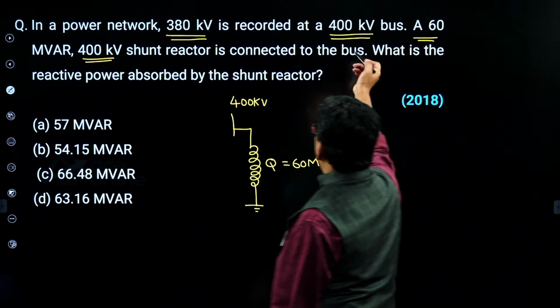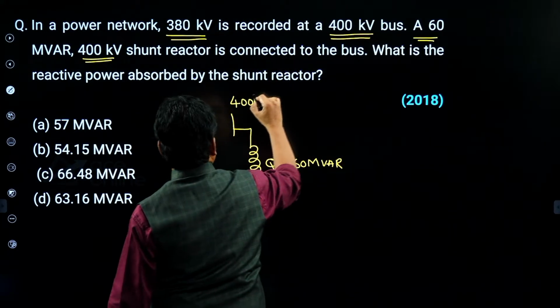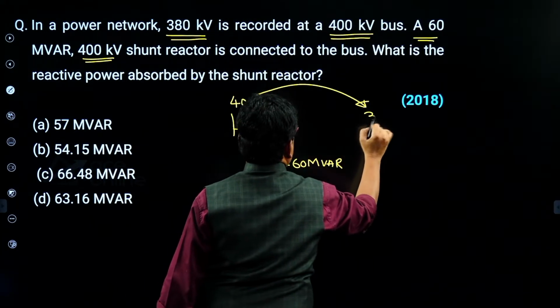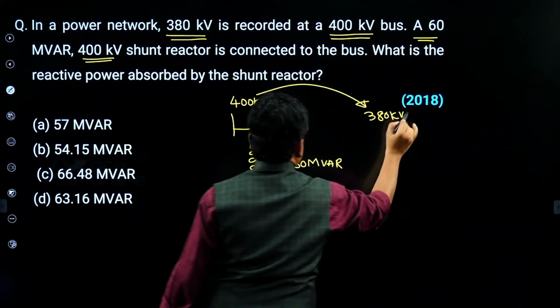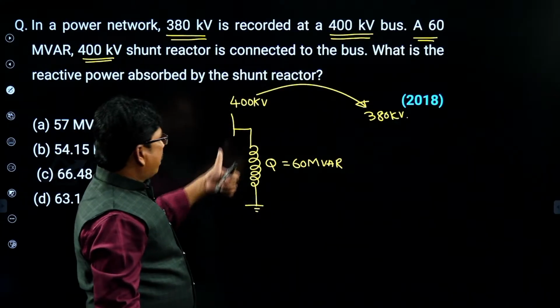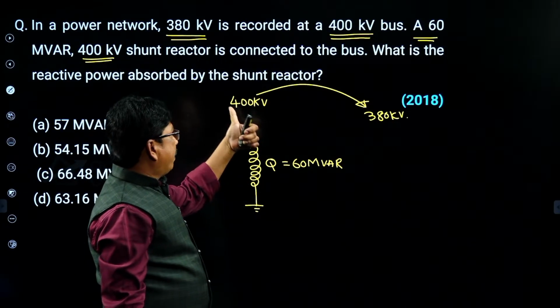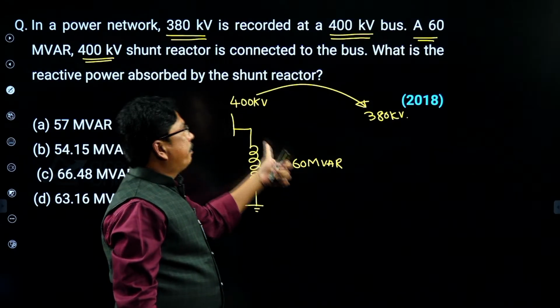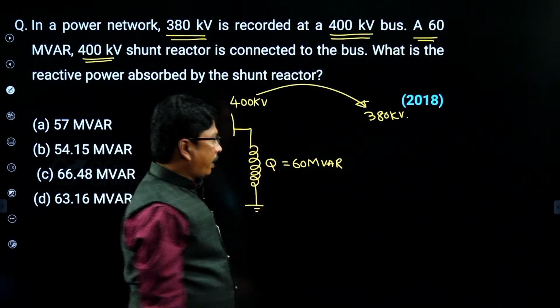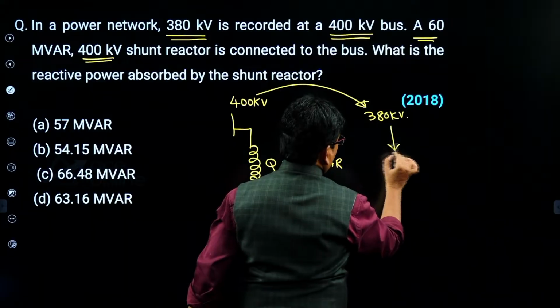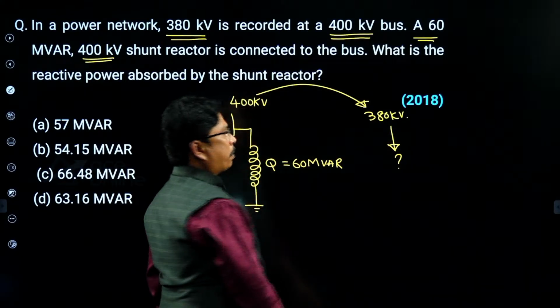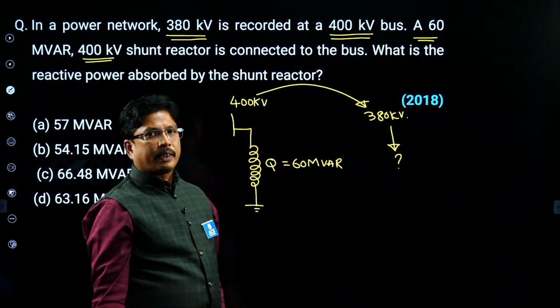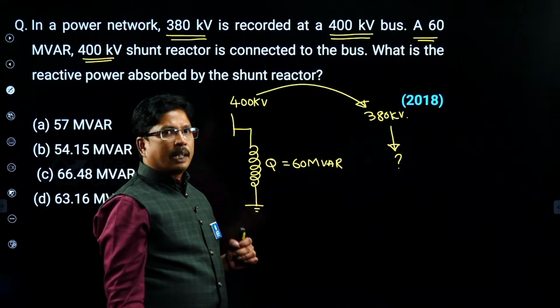But in place of 400, it is measuring only 380 kilovolts. Means whenever 400 kilovolts is there, it is absorbing 60 MVAR. Whenever 380 kilovolts is there, what is the reactive power absorbed by the shunt reactor?